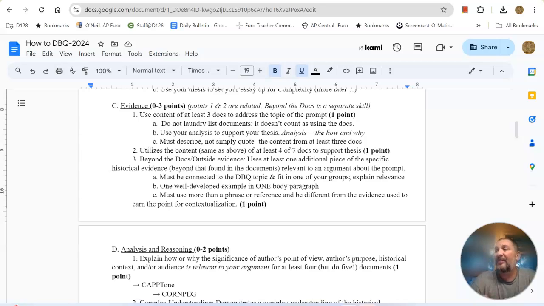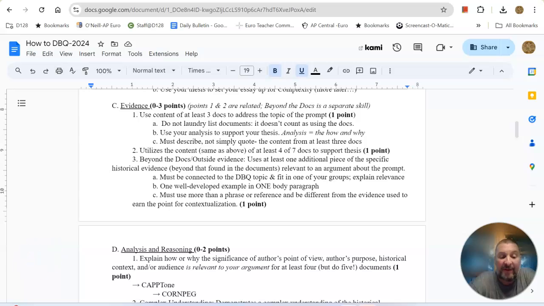How well developed does it need to be? It needs to be about the length that you would make an argument with the document. So 3, 4, 5 sentences. Must be more than a phrase of reference. It must be different from the evidence used to earn the point for contextualization. You can't double dip. A lot of times, some of the evidence used in contextualization could also be used for beyond the docs, and vice versa.